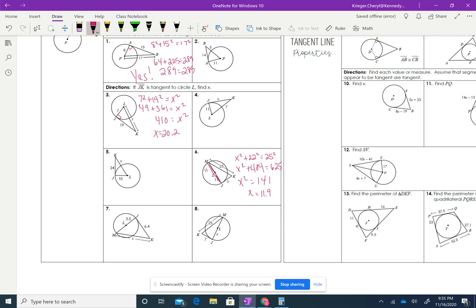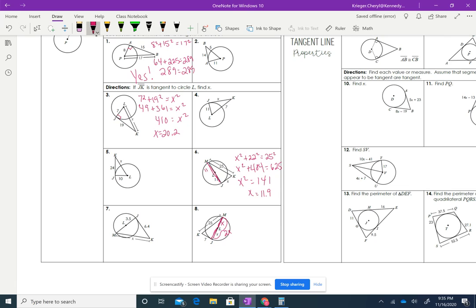Number 8, however, is a little bit harder. Let's say that if the radius is X, and LM is also a radius X, I'm going to combine that to be the diameter of 2x, right? 1x plus 1x is 2x.